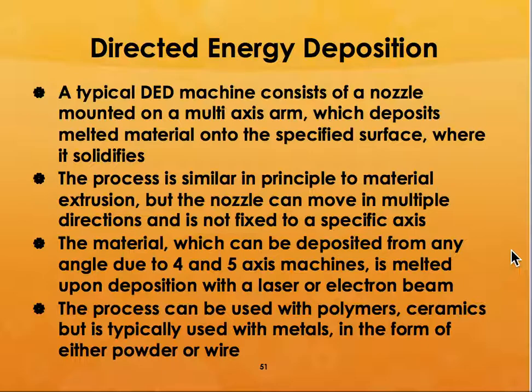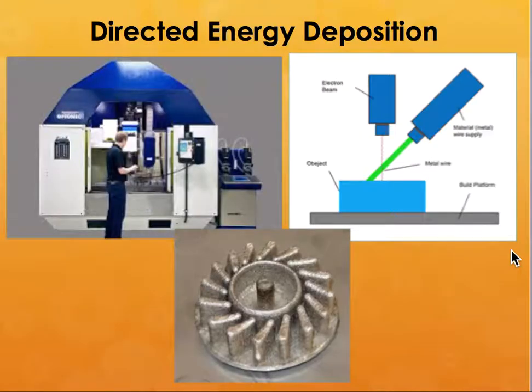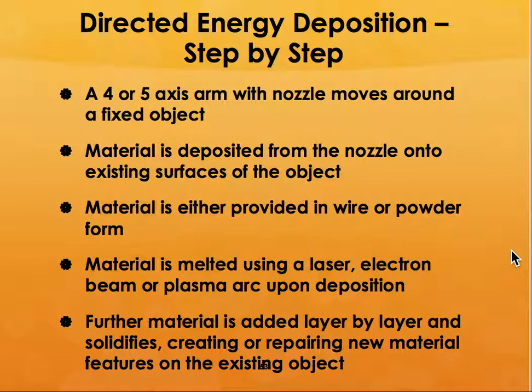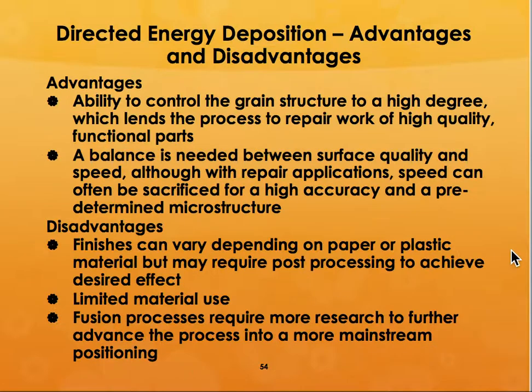So here again, there are many variations of these techniques. Here are some parts and the schematic and the machine that is used for building this process. And here is the step-by-step method for this process and some advantages and disadvantages.